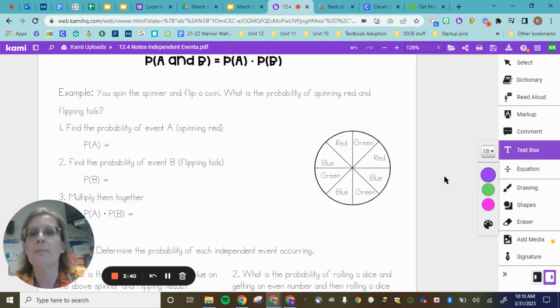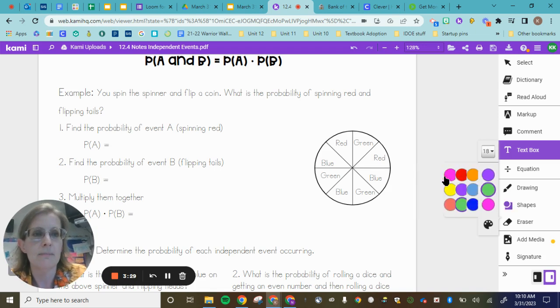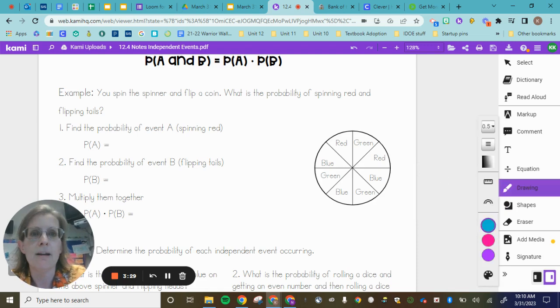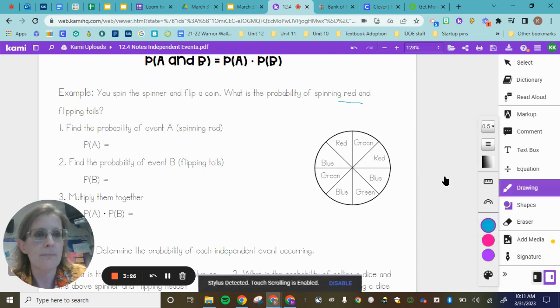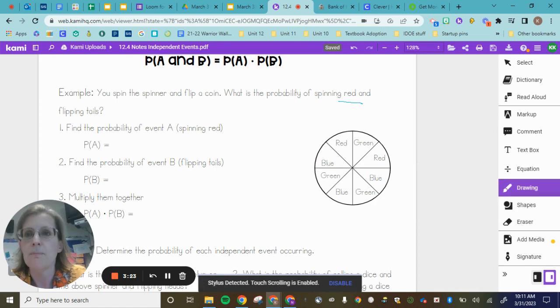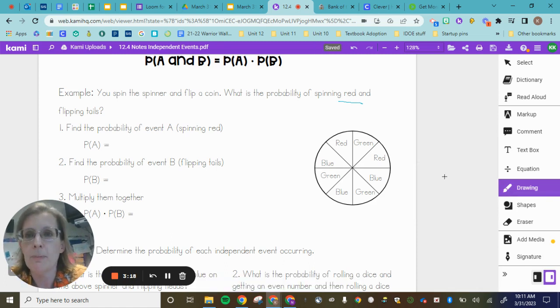So here's an example. What if you spin the spinner, so we're spinning this spinner, and flip a coin? What's the probability that you spin a red and flip tails? So first we need to find the probability of spinning a red.